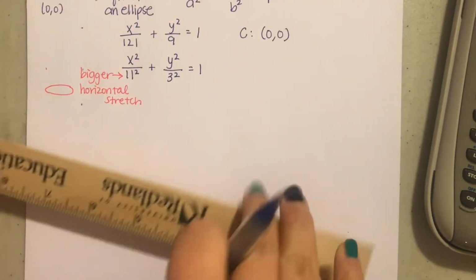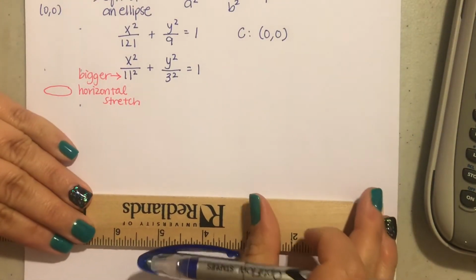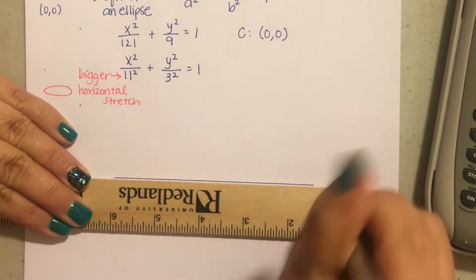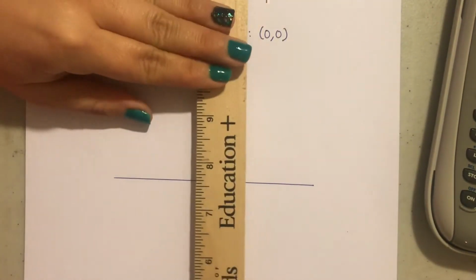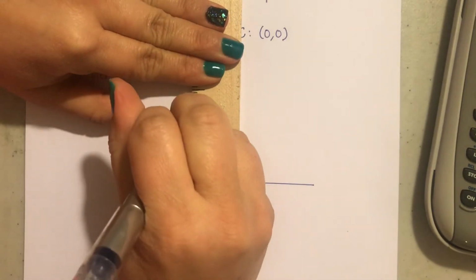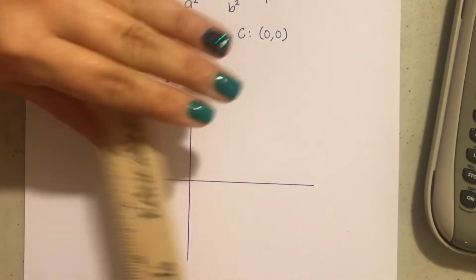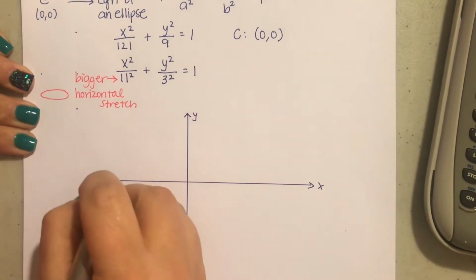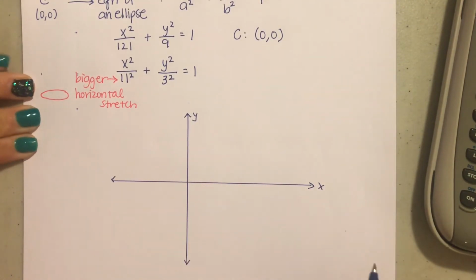So, if I sketch out some axes here, again, I want to label x, y, and make sure there's arrows across all of them.